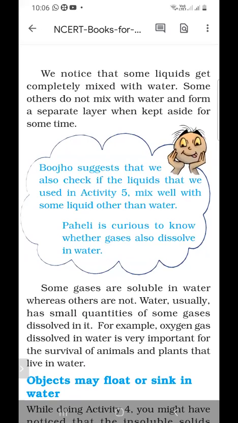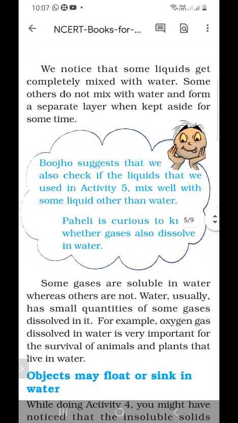So some gases dissolve into the water, but some gases do not dissolve into the water. And water also contains two types of gases, hydrogen and oxygen. And next question is, how do aquatic animals take oxygen gas from the water? Because water contains oxygen gas, they can survive in the water because they take oxygen dissolved in the water.